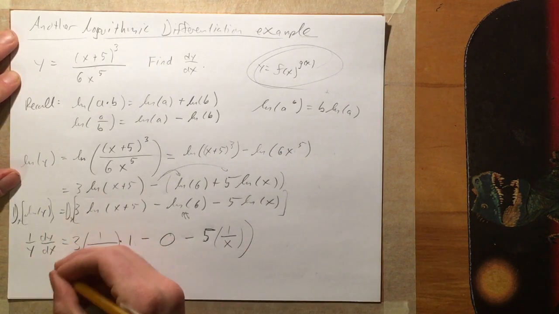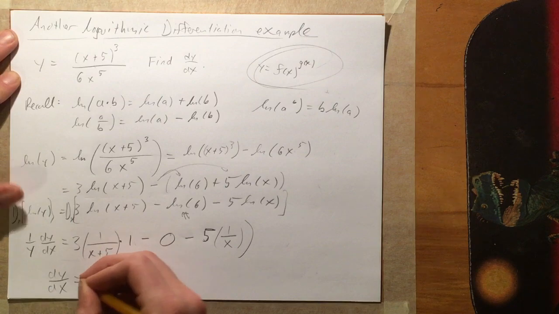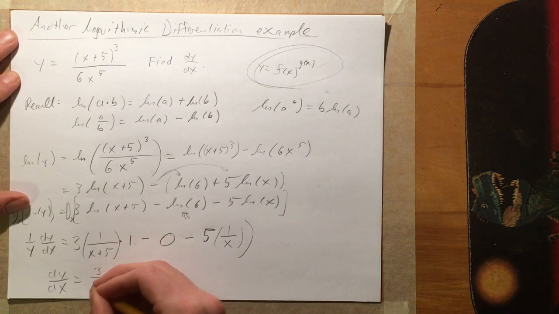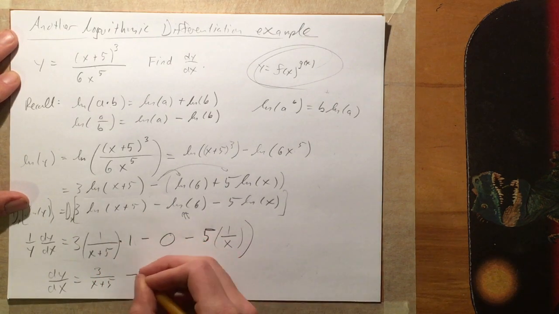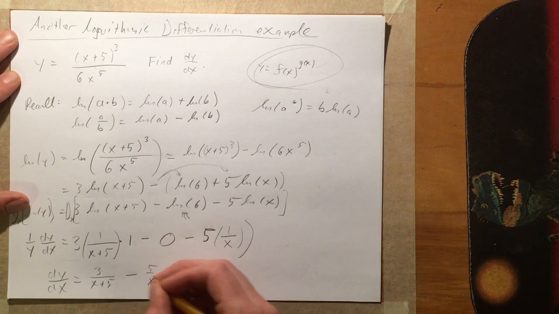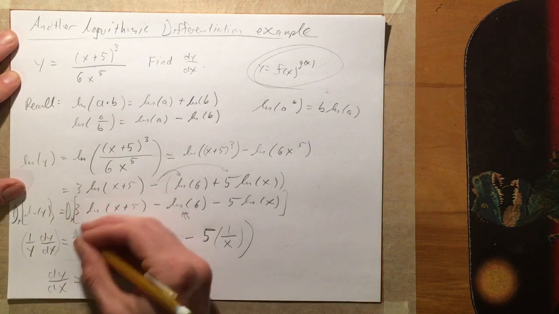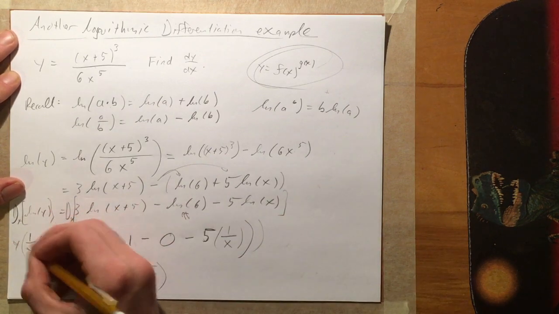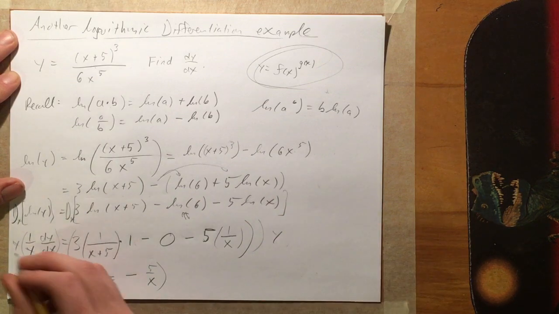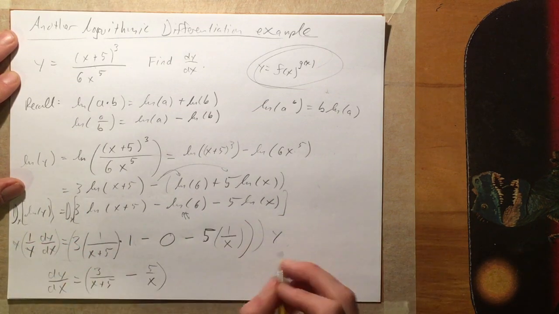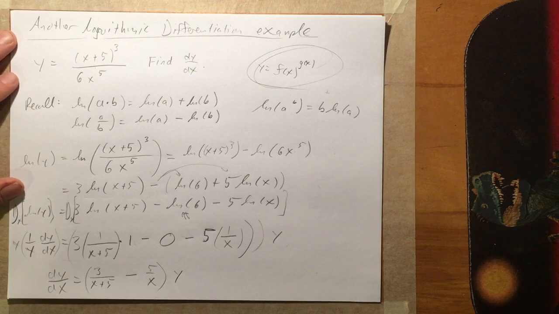There we go. So now dy over dx is going to be this stuff, 3 over x plus 5 minus 0 minus 5 over x. And then what you do is you take that entire thing and you multiply by y so that it cancels out on the left side and you get y on the right side. So you could put y here, and if you were okay with having it in terms of both x and y, you could leave it like that.